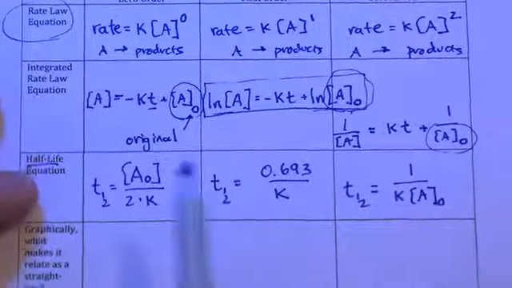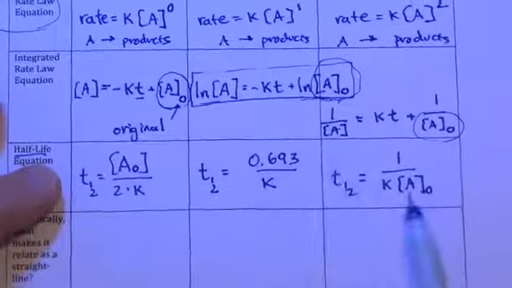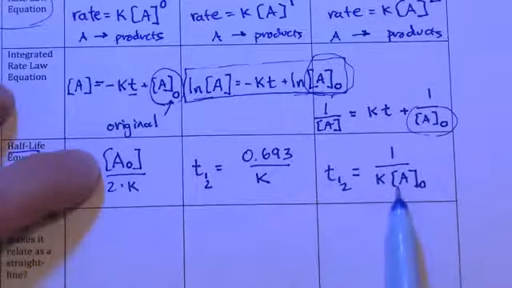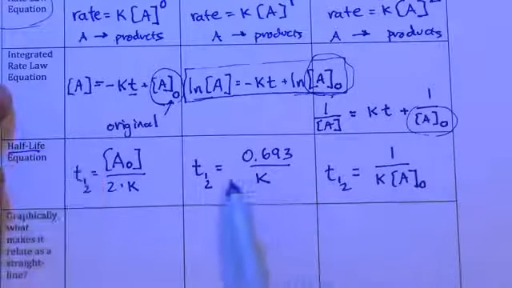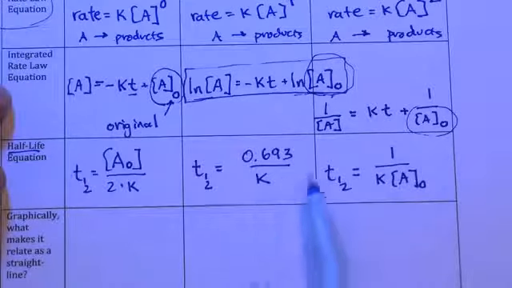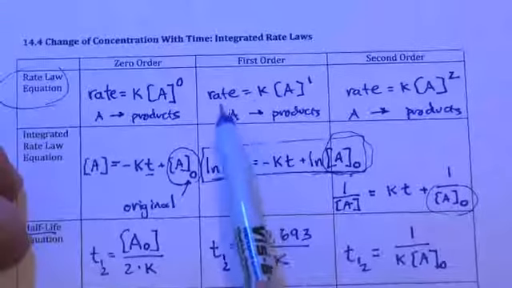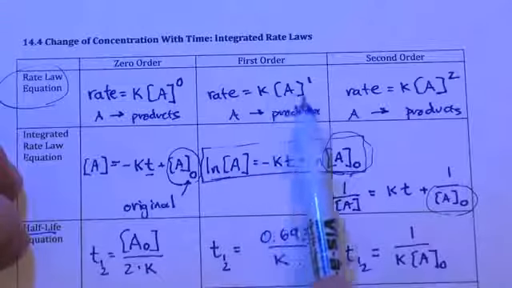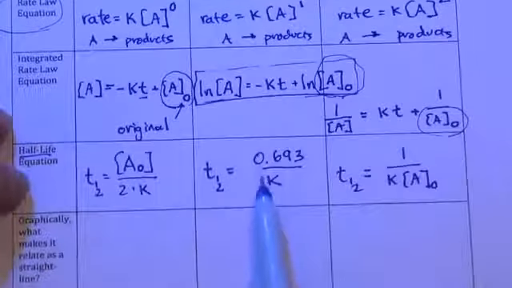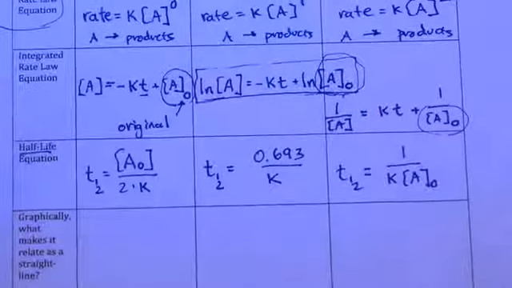And notice that the 0th and the second order depend on the original amount of the stuff that you have, but something that follows first-order kinetics, or has a first-order integrated rate law, is independent of the amount of stuff that you have.